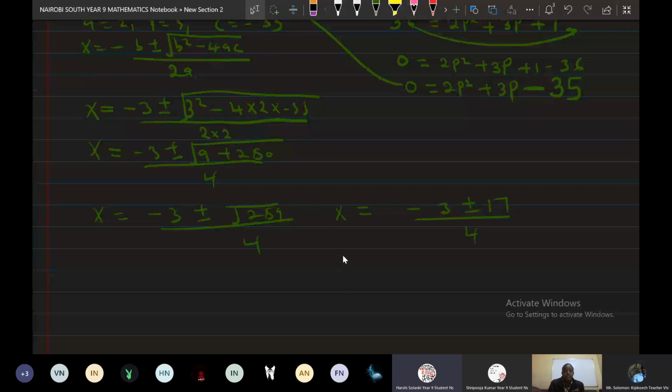Yes, okay, 17. Let's move on. Negative 3 plus or minus 17, all over 4. So let us pick the one that is positive first. Negative 3 plus 17 over 4.